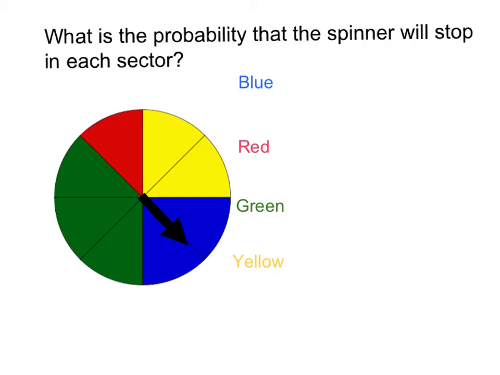The blue is 2/8 or 1/4. The red is 1/8. The green is 3/8. And the yellow is also 1/4, like the blue.